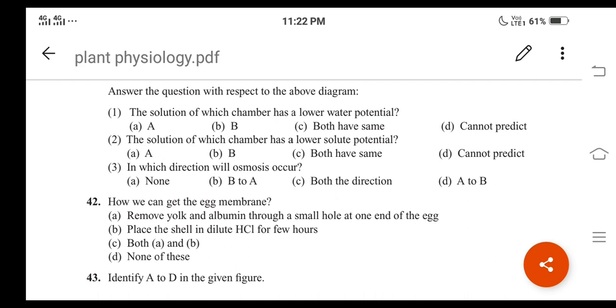For question number 2, the solution of which chamber has a lower solute potential?